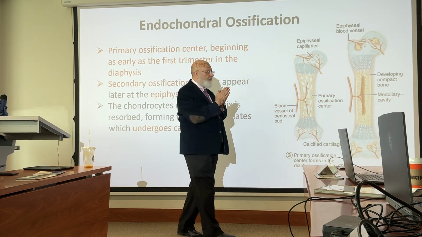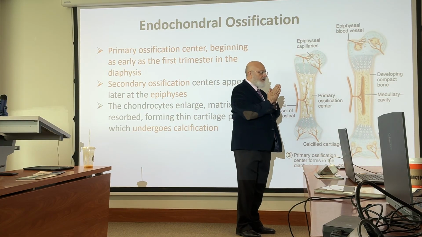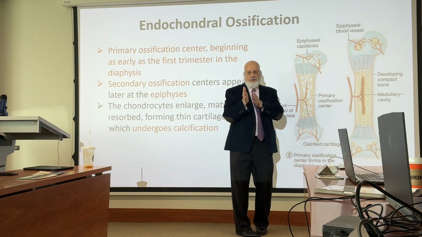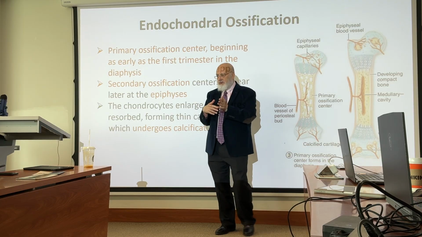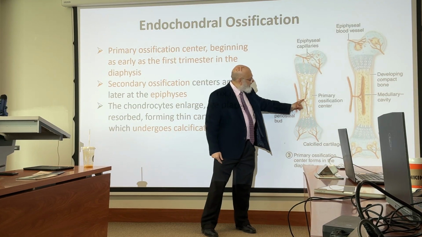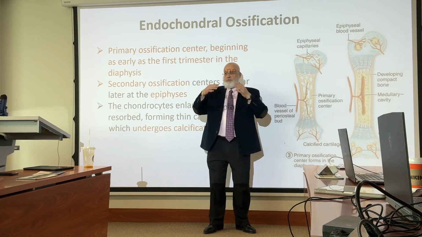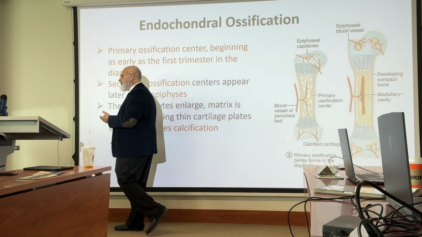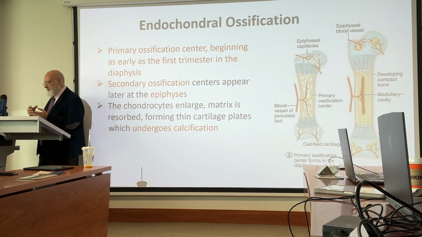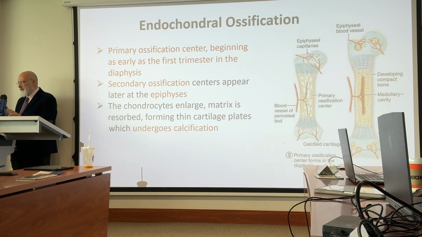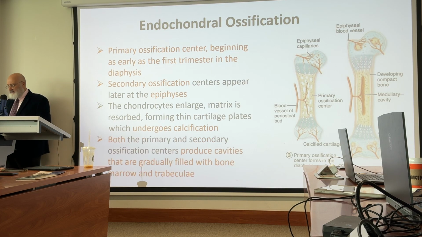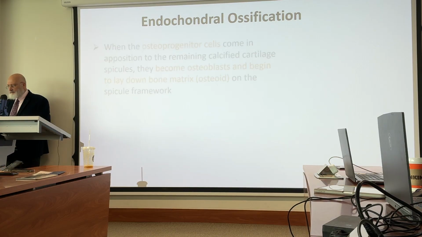And the matrix, because of the hypoxia and the blood coming, starts getting mineralization. So they call it calcified cartilage. Osteoblasts will come here and start depositing bone on top of the calcified cartilage. The cartilage calcifies because of the mineral deposition, but it's not bone yet. Then osteoblasts sit on top of that and start depositing bone.